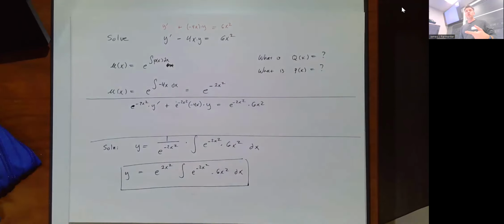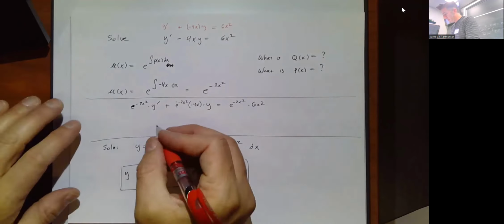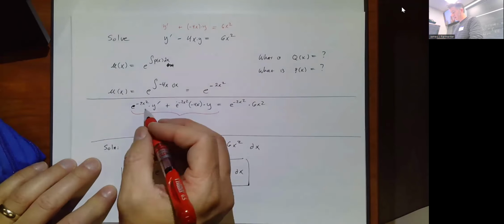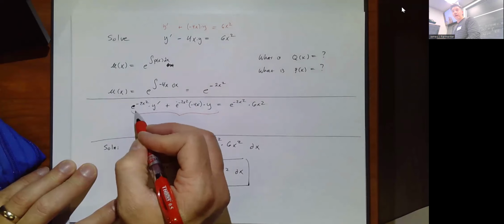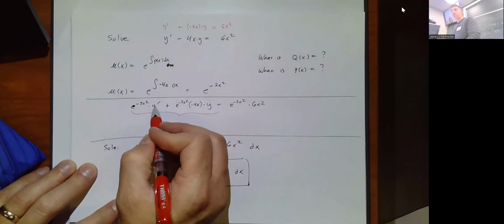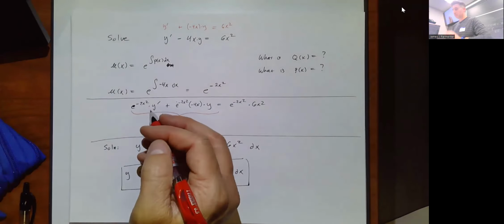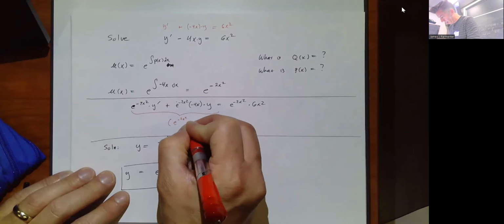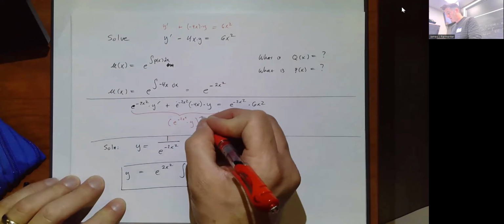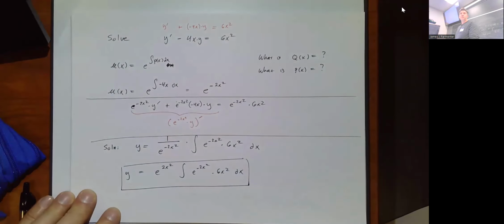And the easy way to show this, and it's always true, is to take your integrating factor times y prime, drop the prime for a second, and write it as e to the negative 2x squared times y, but then it's just the derivative of all of that. It's always true. It always works. It's never not going to work.